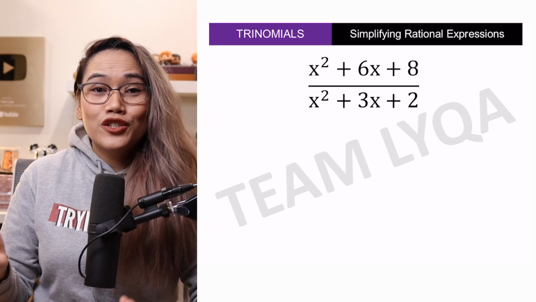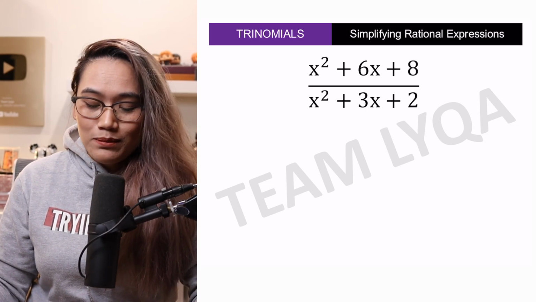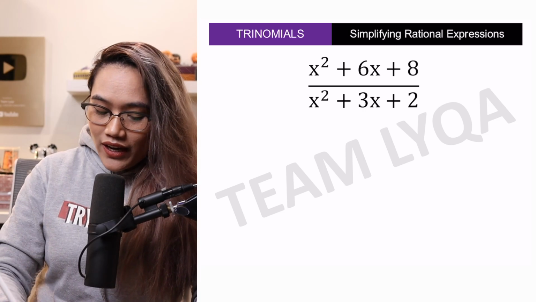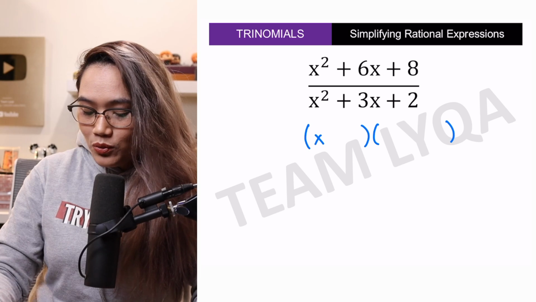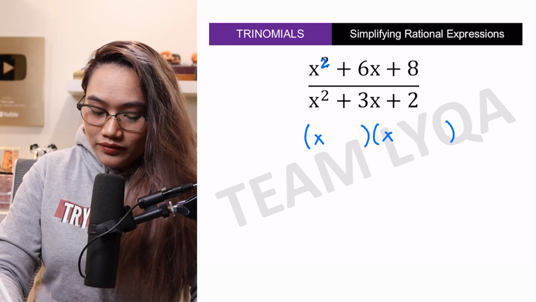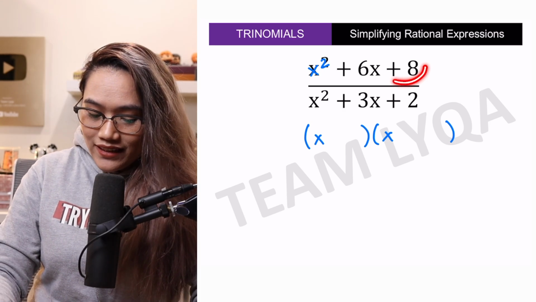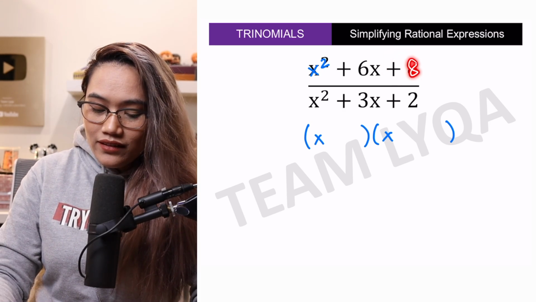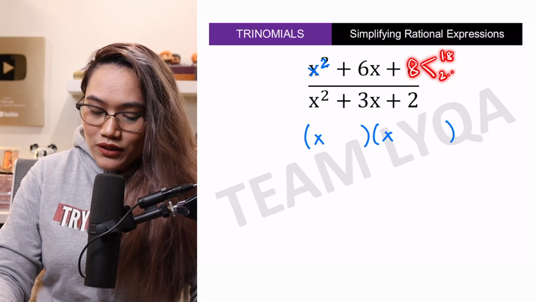Well, let's start with just one. Doon sa itaas, you have x squared plus 6x plus 8. Kung hahatiin ko yan, agad-agad, makikita natin, you could split it between x and another x, yung x squared. Now, ang tip ko sa inyo, pag nagpa-factor tayong trinomial, you look at the last term, kasi yung plus 8 na yan ay produkto ng either 1 times 8 or 2 times 4.